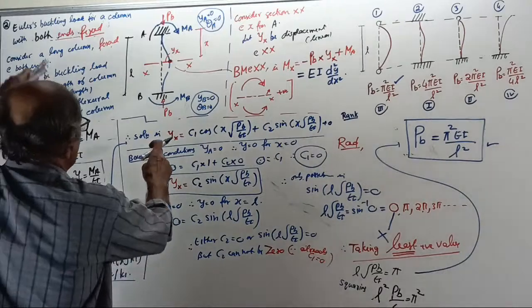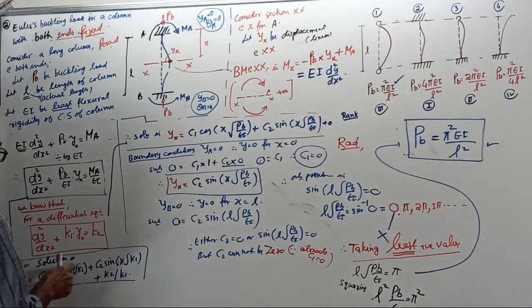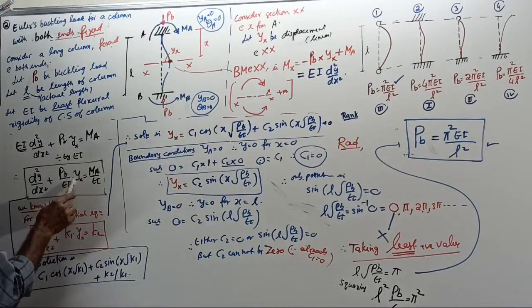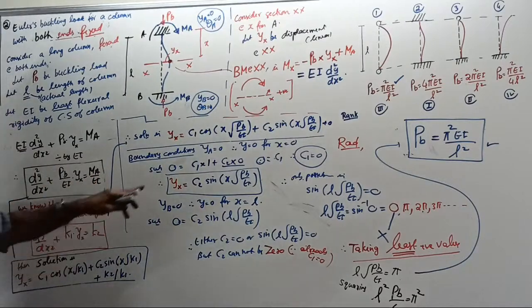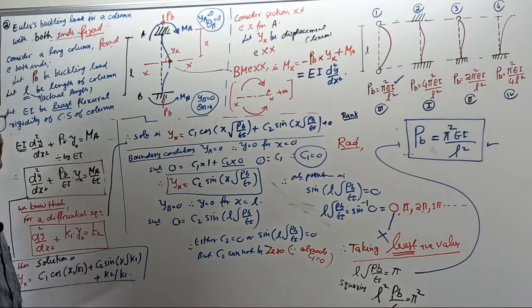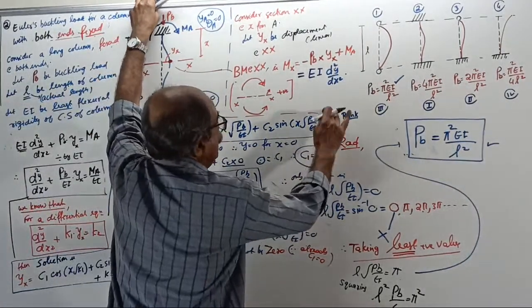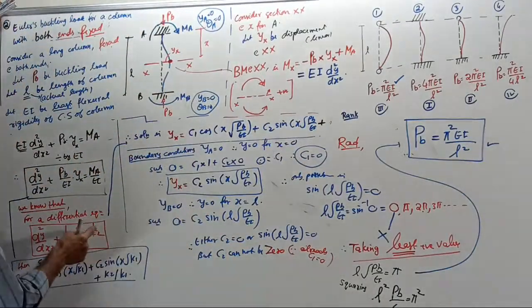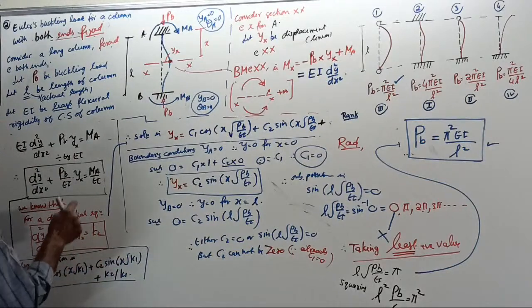Therefore, now the solution is YX equal to C1 cos of X root PB by EI plus C2 sin X root PB by EI, plus one term will come: K2 by K1.